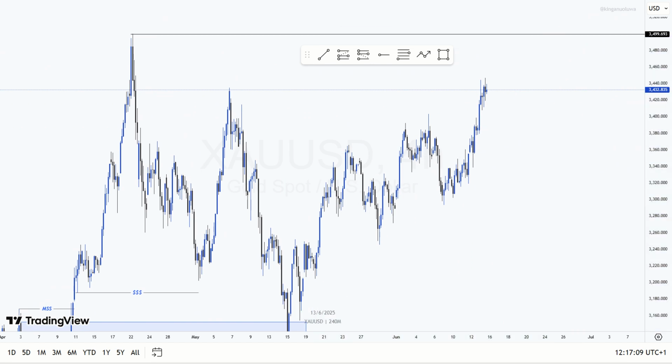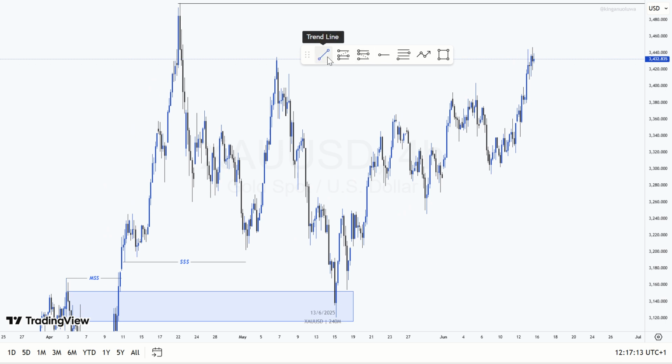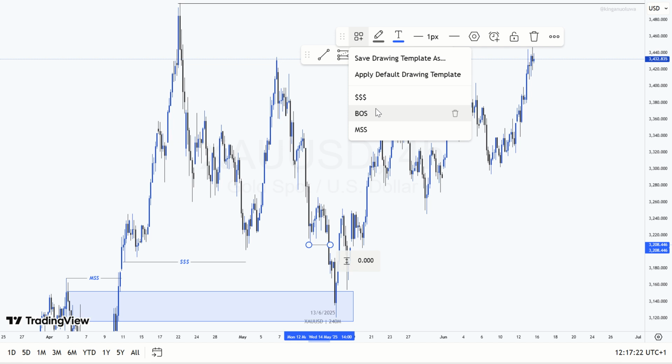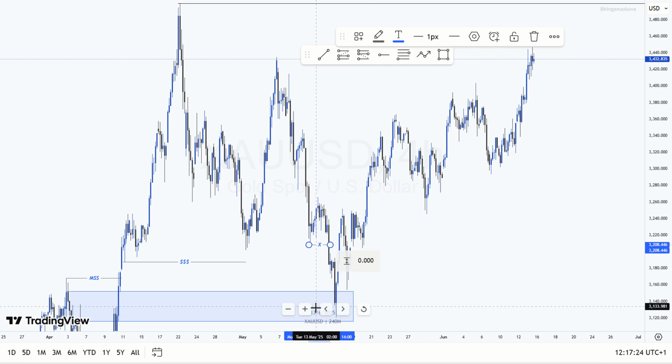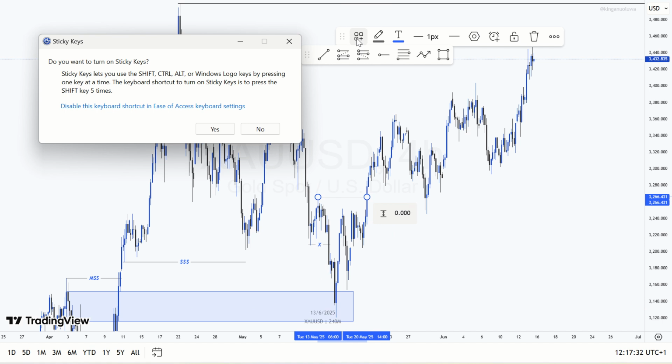So now where do I want to buy from? Now let's take a look at this. Price broke structure to the downside here. Again, break of structure. This was the last break of structure to the breaker block. Then market structure shift right here.